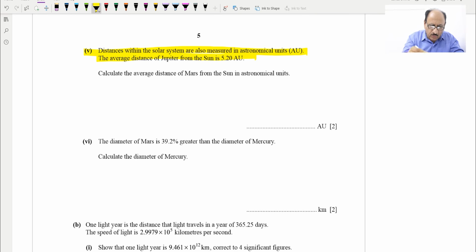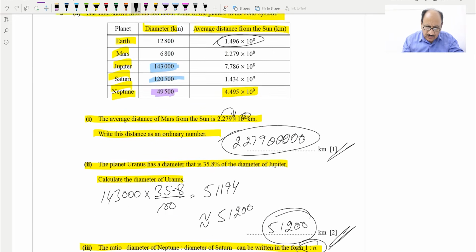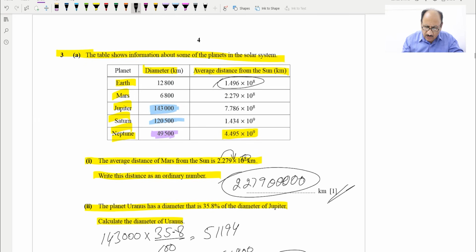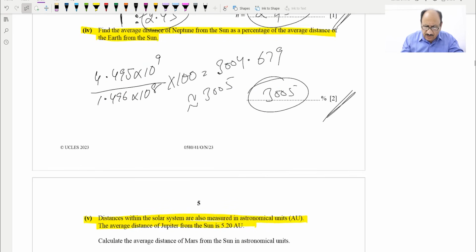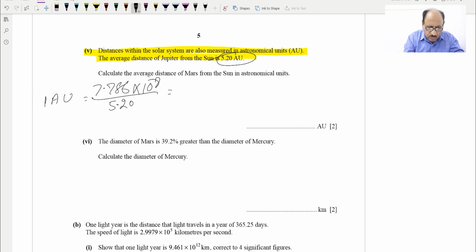So the distance of Jupiter is this one, 7.786 into 10 raised to the power 8, and this is 5.20. So divided by 5.20, this will give us 1 astronomical unit.